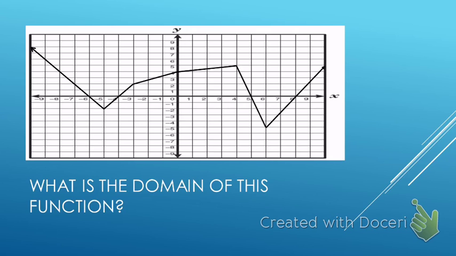I want to start by looking at the domain and range of the second graph. Again, domain means my x-axis. On my x-axis, I can see the entire x-axis has a part of the graph either above it or below it.